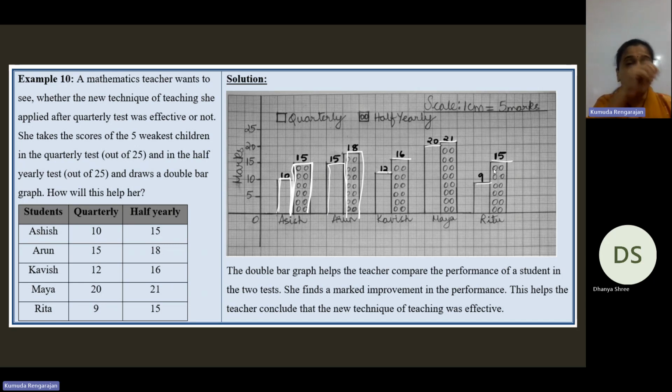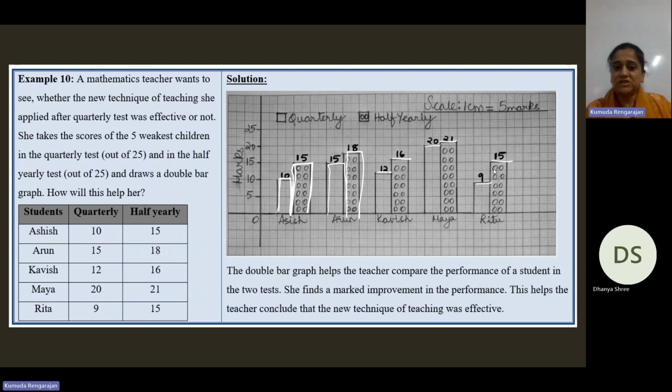You don't have to actually compare the marks. Here in the table, you have to check every mark: 10, 15, improvement; 15, 18, yeah, improvement; 12, 16, everything. You have to compare the marks like this, like what I'm doing now, right? Every mark you'll have to check.